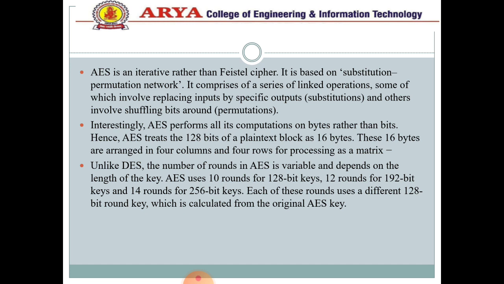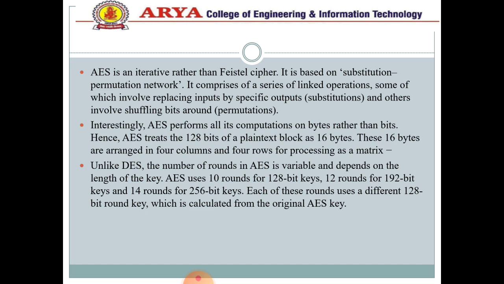Unlike DES, the number of rounds in AES is variable, and depends on the length of the key. AES uses 10 rounds for 128 bit keys, and if the key is 192 bits, then the number of rounds will be 12, and if the key is 256 bits, then the number of rounds will be 14.